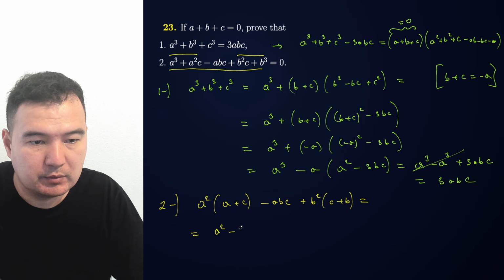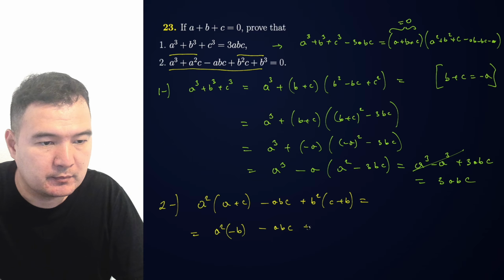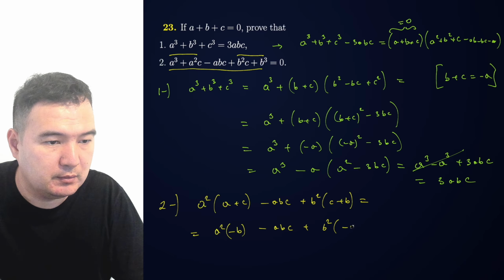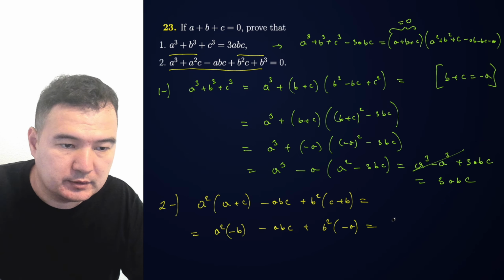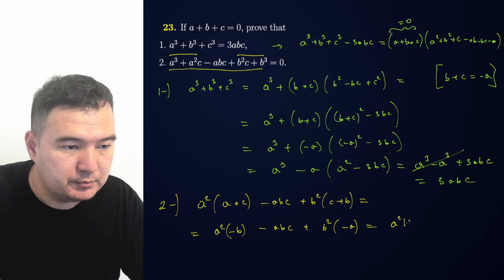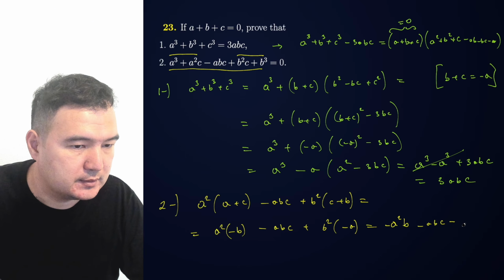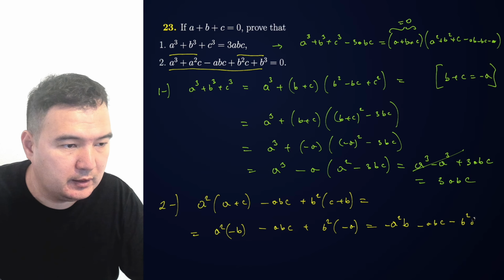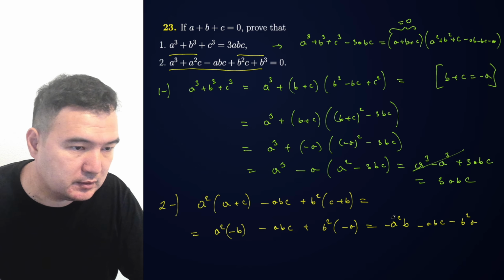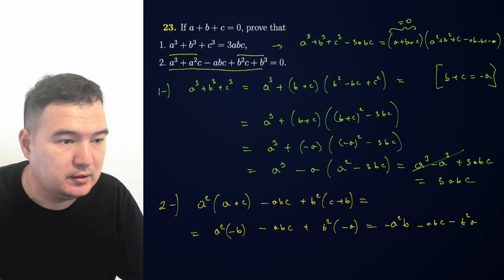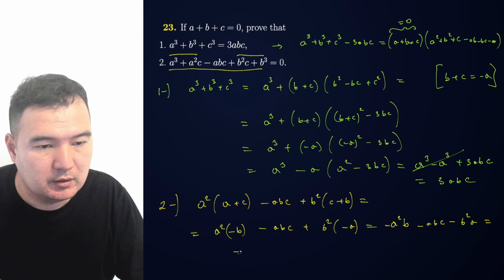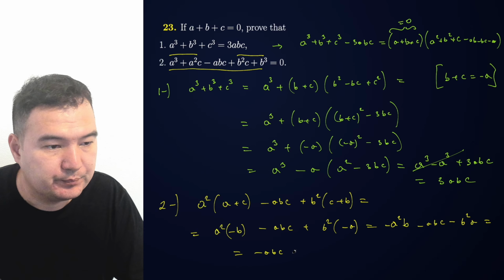So we have a squared multiplied by minus b, that's abc. B squared multiplied by negative a. Or rewriting: minus a squared b minus abc minus b squared a. Now I can do something. Looks like I can take out ab here.